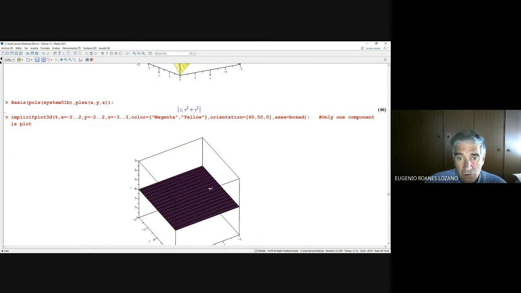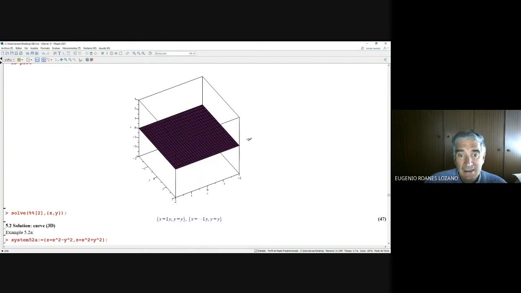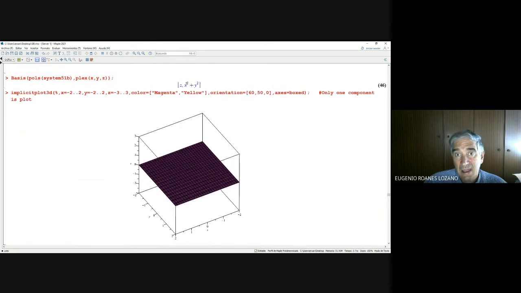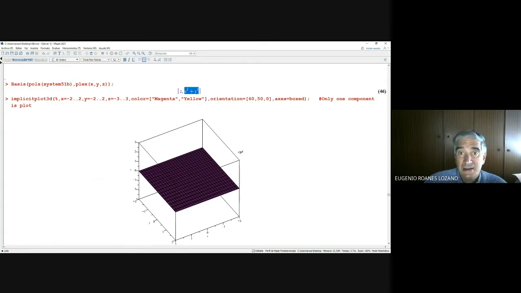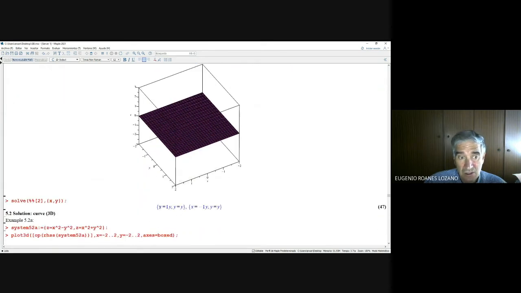But if we plot, we only obtain a plane. What has happened is that here there's only one real solution. That's x and y equal to 0. But there's a whole locus in the complex case. So it should have plotted a point here.